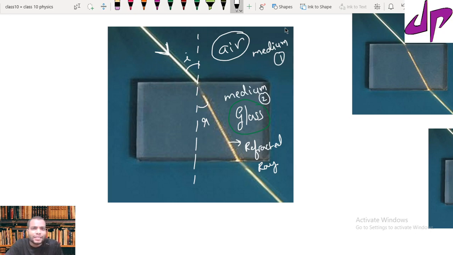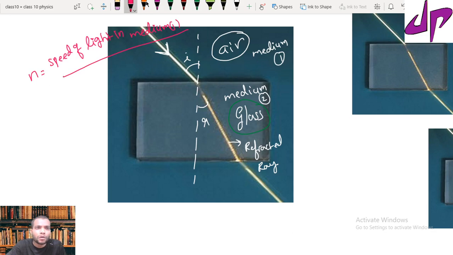Since light speed is different in these two mediums, we can write refractive index n equal to speed of light in medium 1 upon speed of light in medium 2. When you divide the speed of light in medium 1 by the speed of light in medium 2, that we call refractive index.